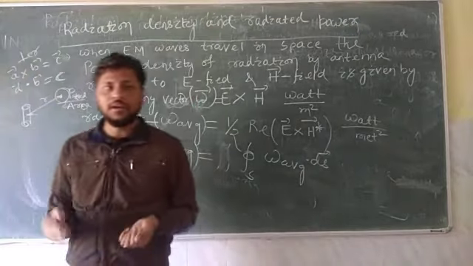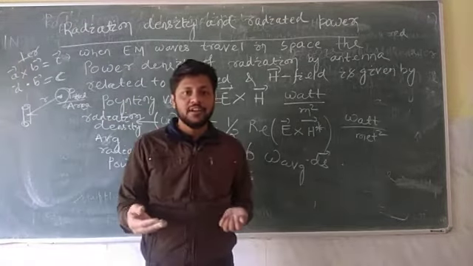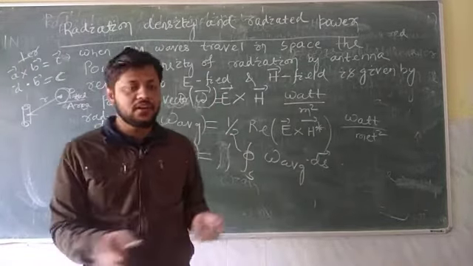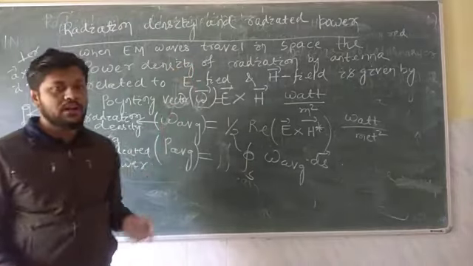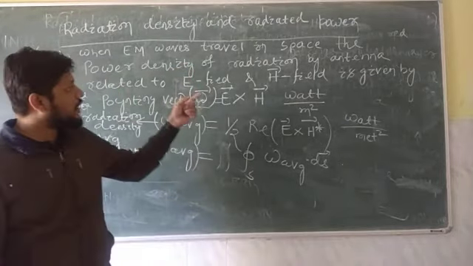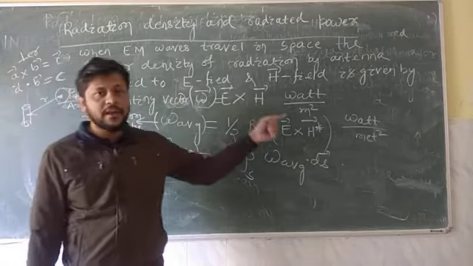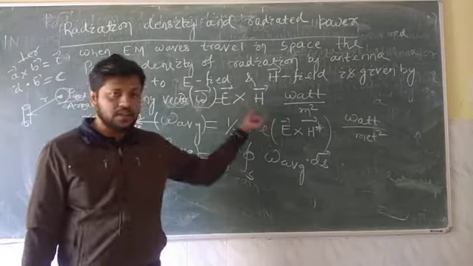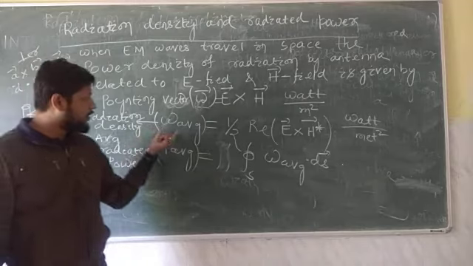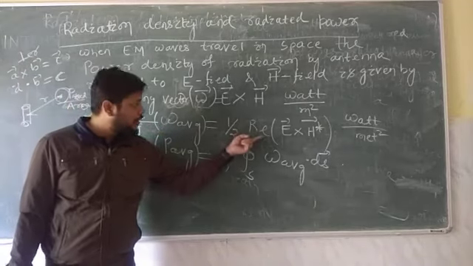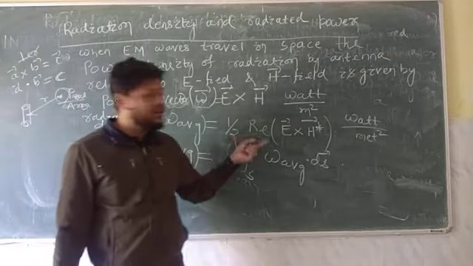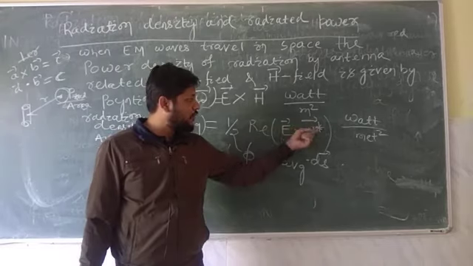In your 2 marks question they will ask you to define radiation density. You have to write like this: electromagnetic wave travels in space, the power density of radiation by an antenna is related to electric field and magnetic field and is given by the Poynting vector, that is E cross H. Then this radiation density is equal to half times the real part of E cross H conjugate star.